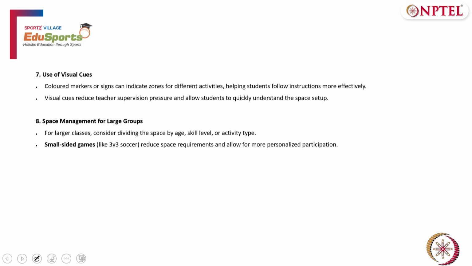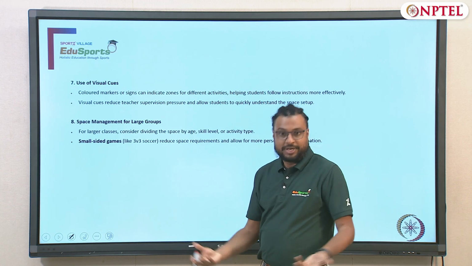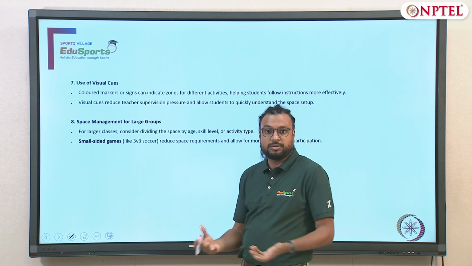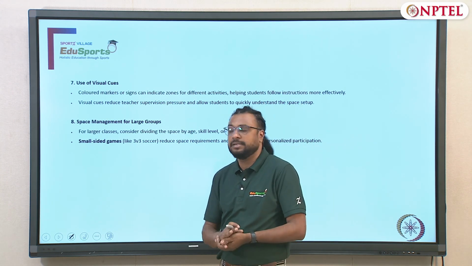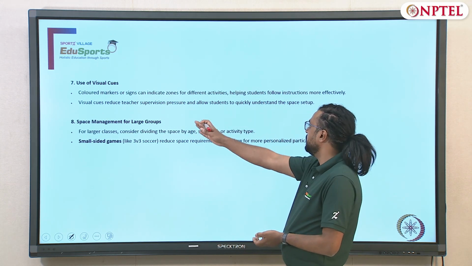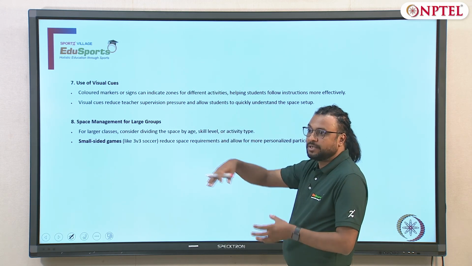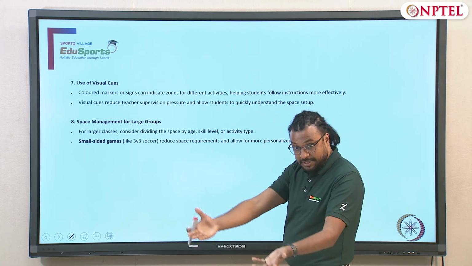Use visual clues, especially for smaller kids. The more colorful you make the play area, the more excited they get, the more they enjoy, and it is fun for everyone. The visual clues can be used for your supervision as well.